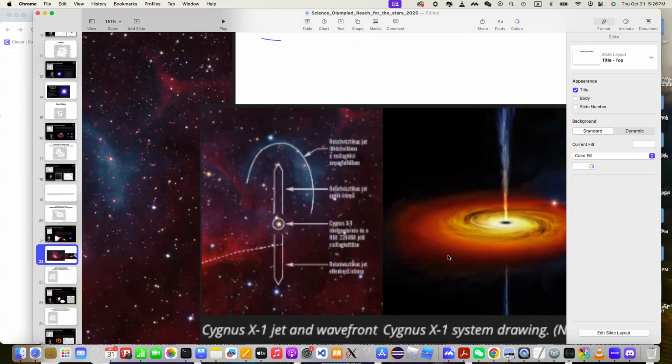You're shooting gas out of it. So in the very center, you have the black hole and the accretion disk, and there are two jets in different directions. And all these particles in the jet are very high speed. They are very close to the speed of light.